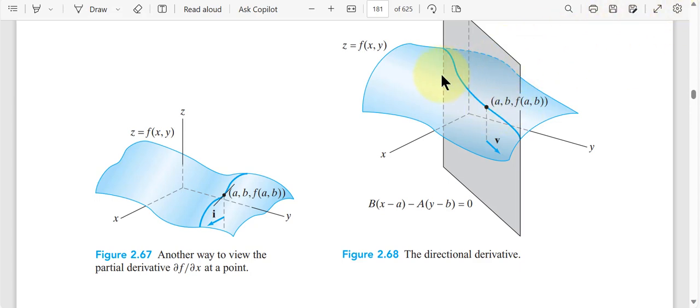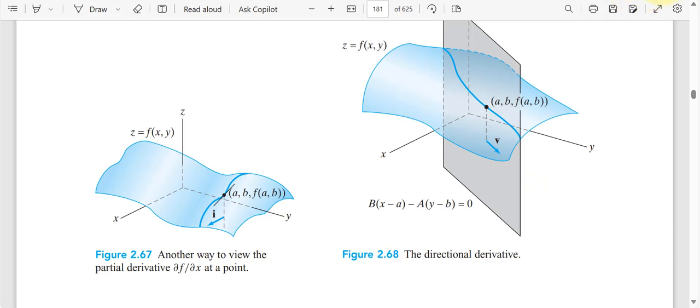And this is a picture of that. So I guess we have the same surface here as we had here, but here we're saying, well, what would be the derivative in this direction? So it's not the x direction, not the i direction, and not the j direction, but some other direction.